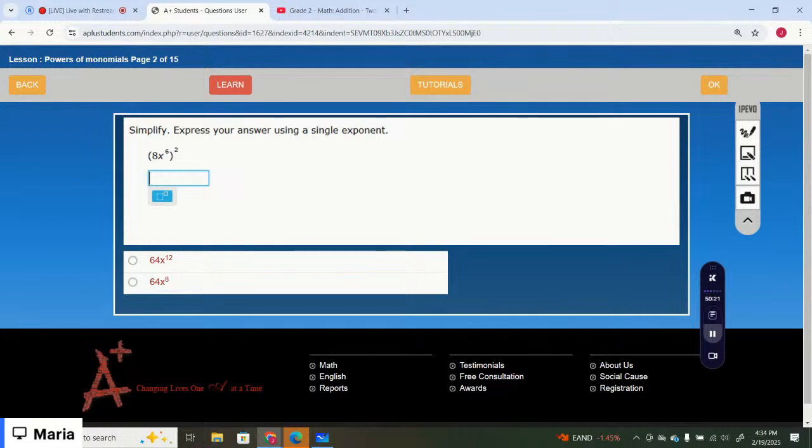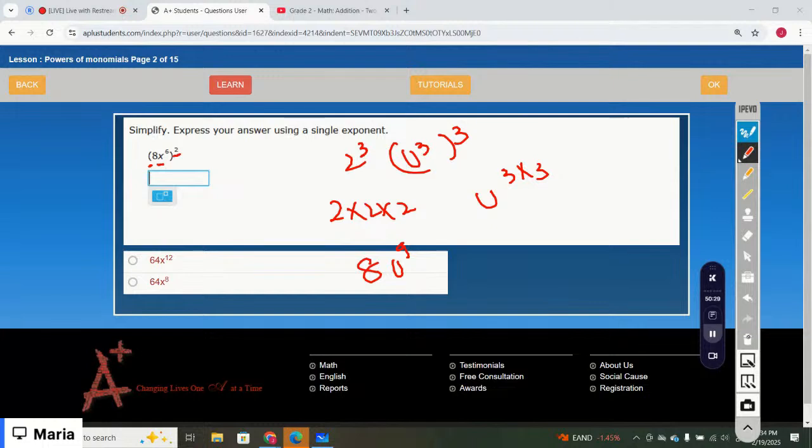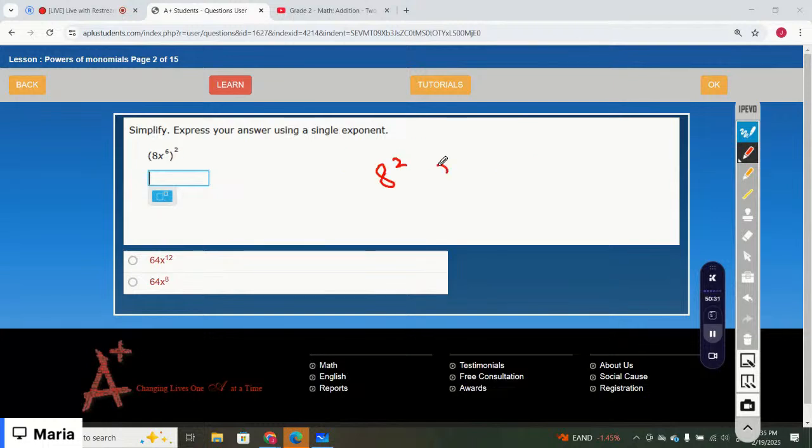8x^6 squared. That is 8 squared, x^6 squared.